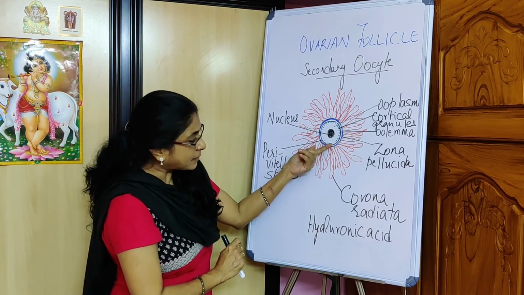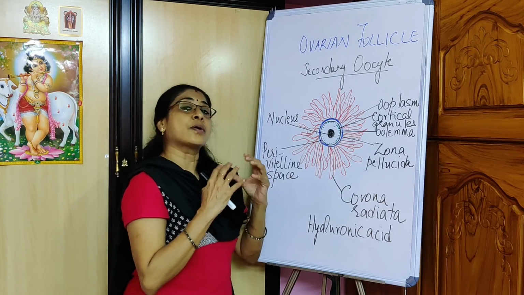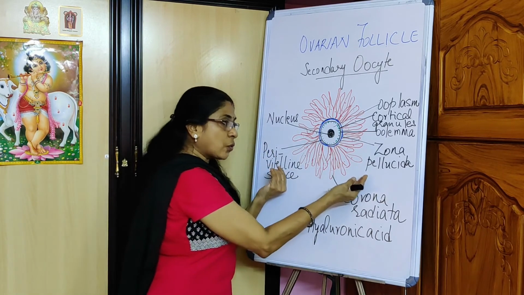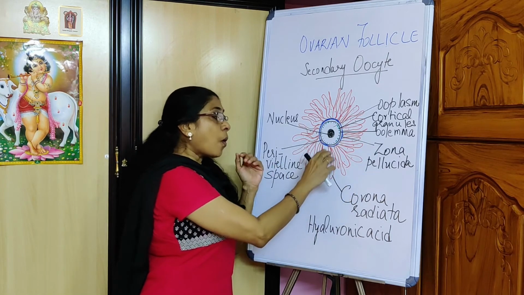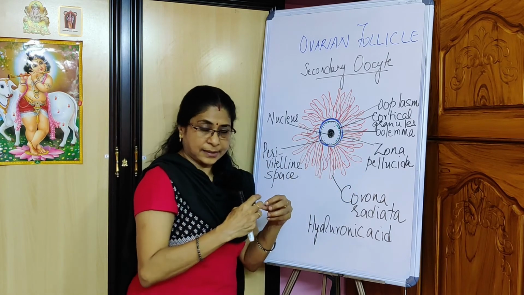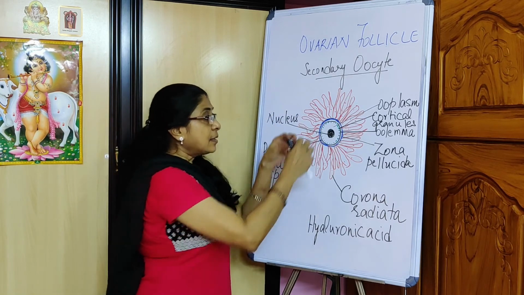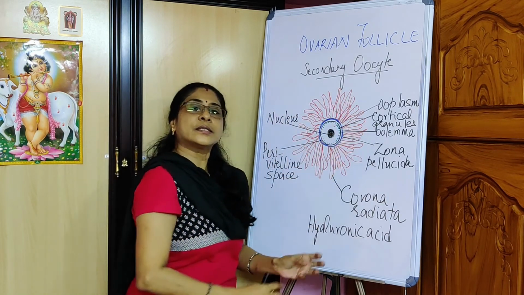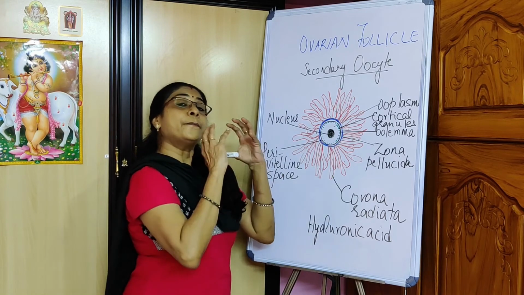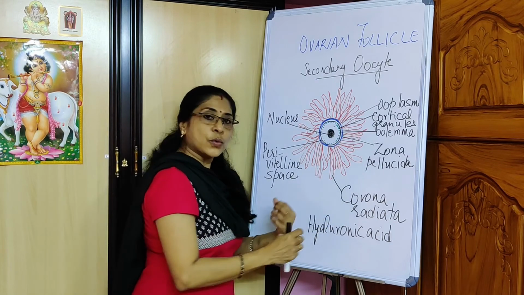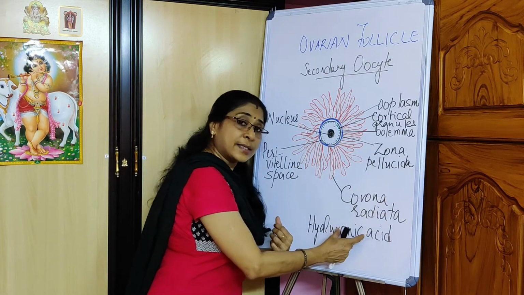There's a small space here, and that space is called the perivitelline space. Outer to the zona pellucida, all the follicular cells become radially elongated, and this radially elongated group of cells appears as flames. That is known as the corona radiata.